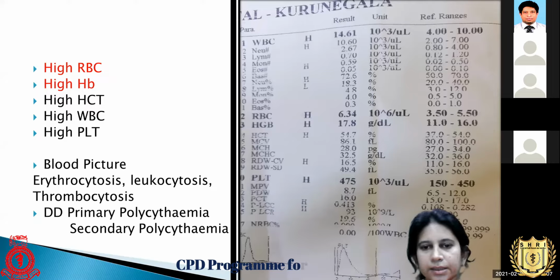And hematocrit 54.7, normal indices, and RDW high, platelet high with normal MPV. So basically high RBC and high HB with almost all parameters increased. So blood picture reported as erythrocytosis, leukocytosis, thrombocytosis. So are you dealing with primary polycythemia or secondary polycythemia?